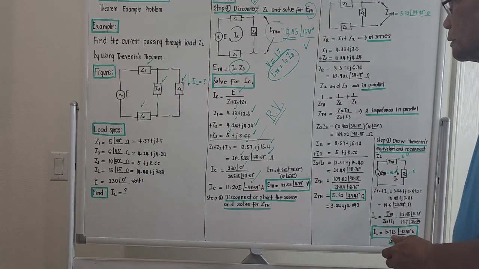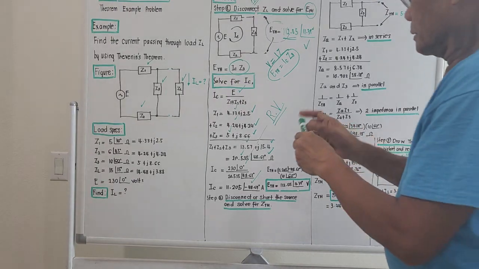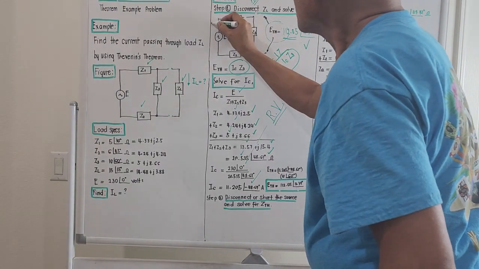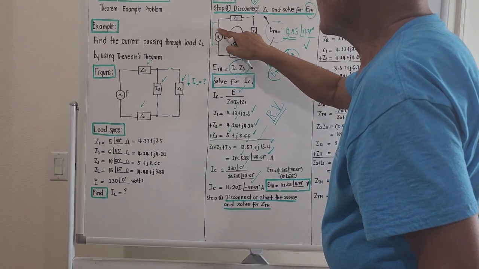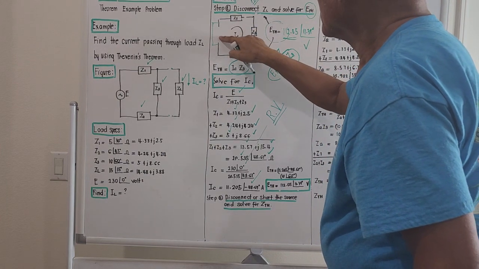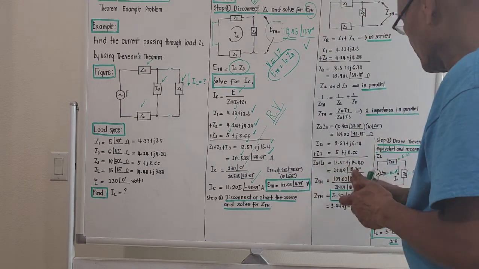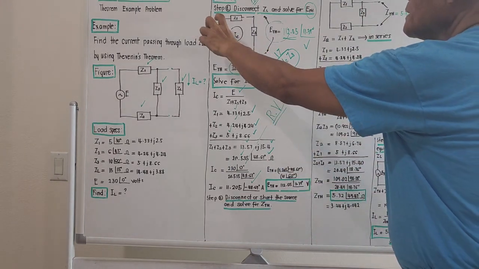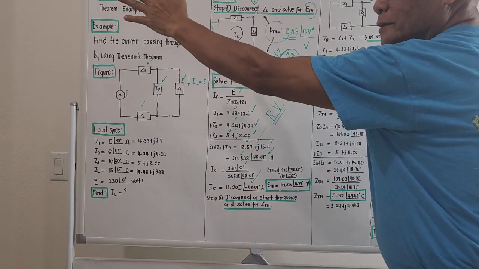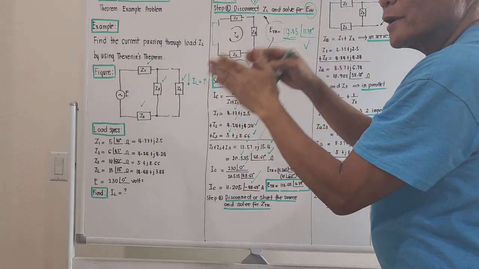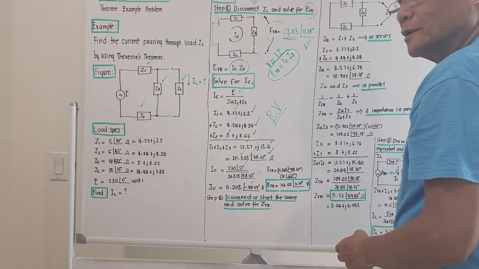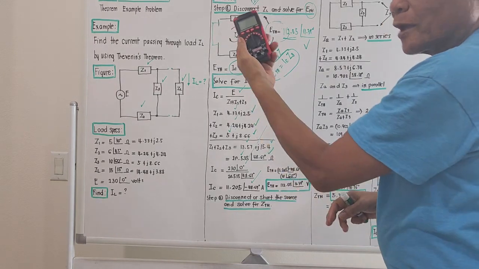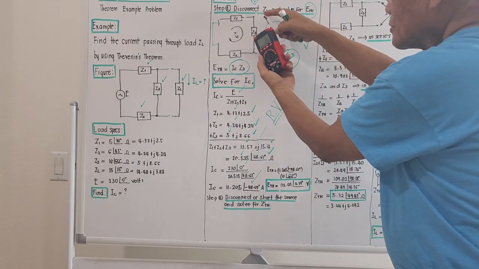So if we try to short out the source, okay, if we short out, it has no more effect, right? So under step number 2, we short out any voltage source inside, then we try to compute theoretically the open circuit impedance across this. And in actuality, you could use your impedance method to measure the impedance across this.